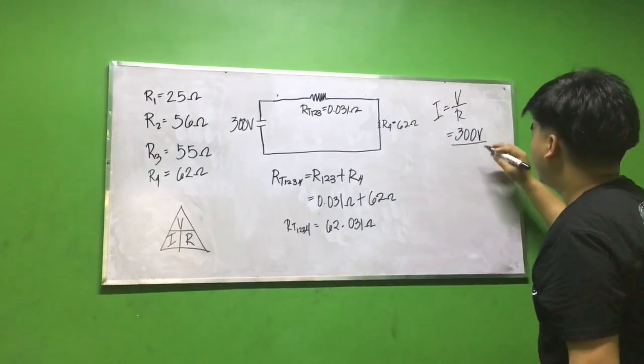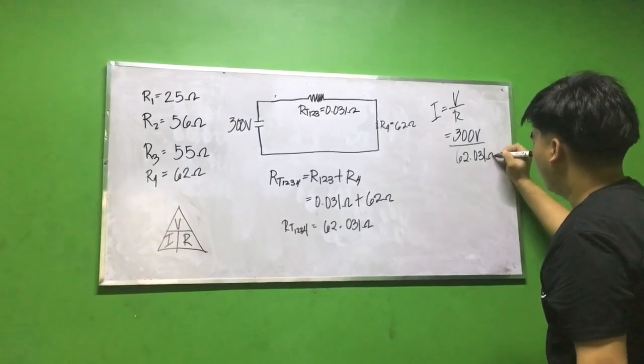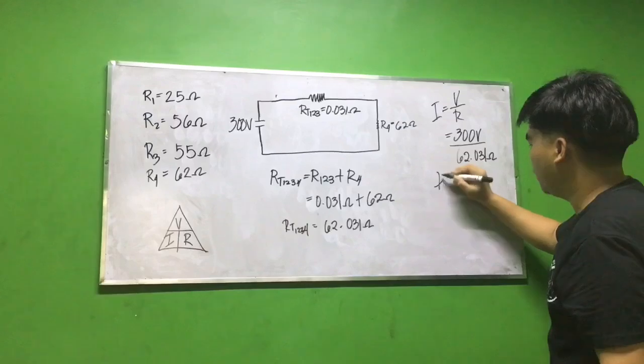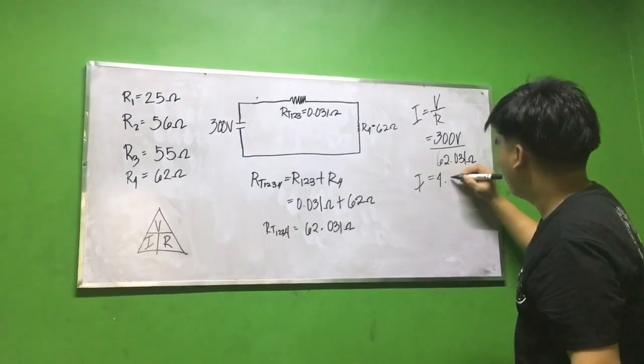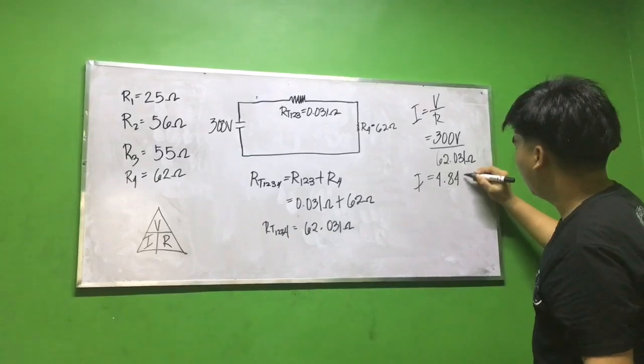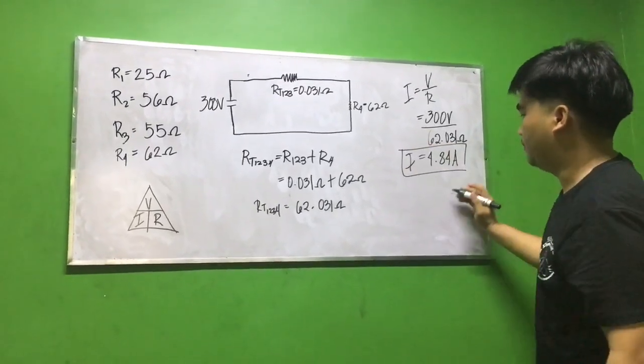Our resistance is 62.031 ohms. So the total current is 4.84 amperes. So this is the final answer.